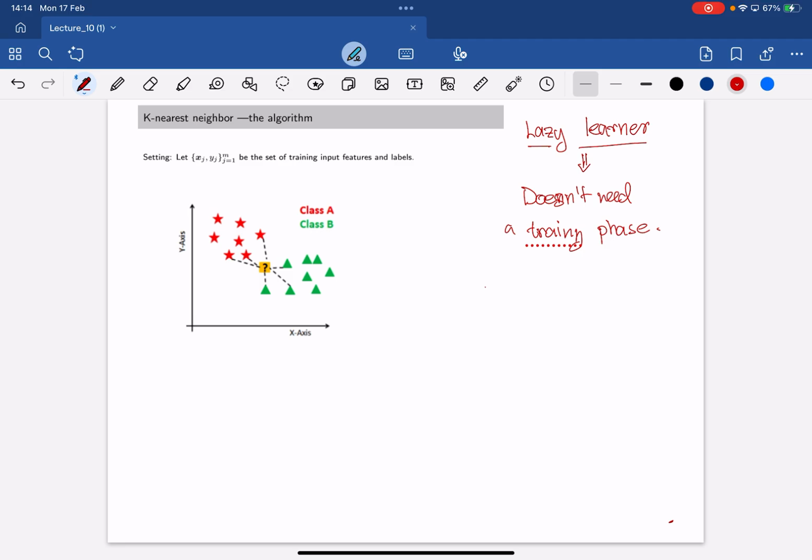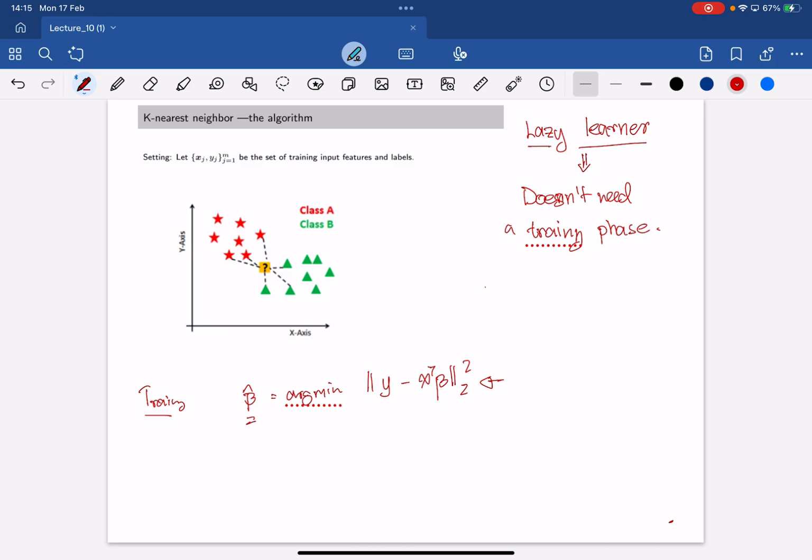If you remember last time, we learned that if we have a training phase, usually we have beta equal to argmin of y minus x beta, something like this, and you have to solve for beta.